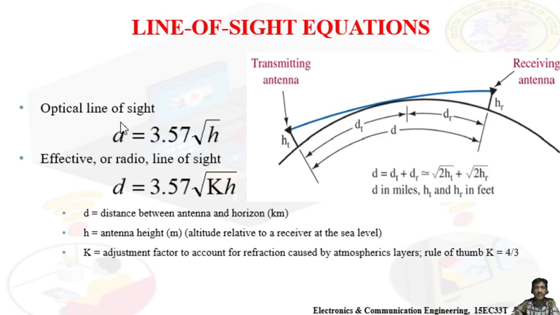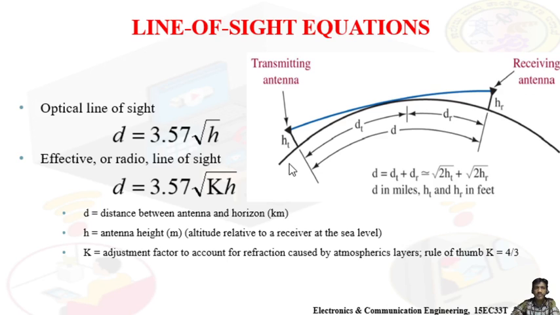You can understand the equation easily by looking at this image. Here is the transmitting antenna, here is the receiving antenna. The height of the transmitting antenna is ht, the height of the receiving antenna is hr.